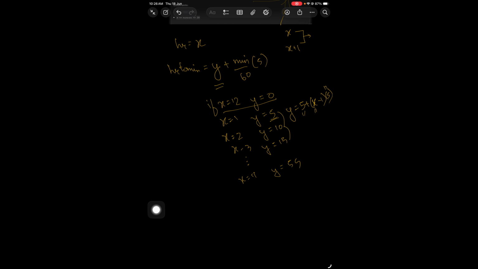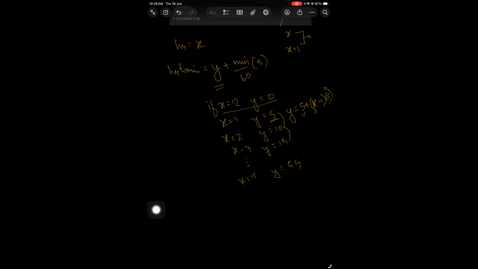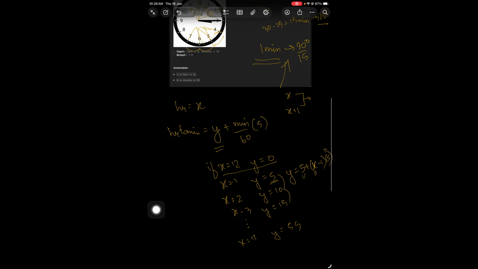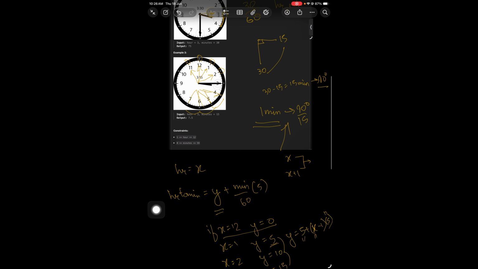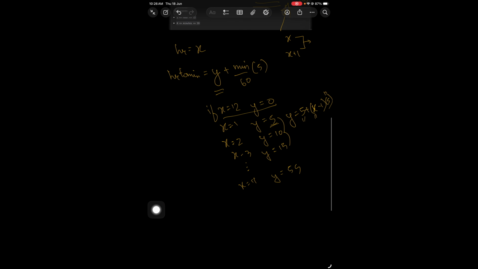Once we have hour to minute, we also have minute, so we can find the gap between hour to minute and minute.